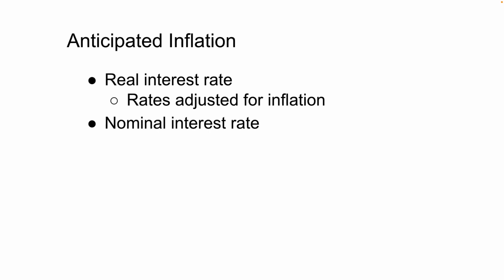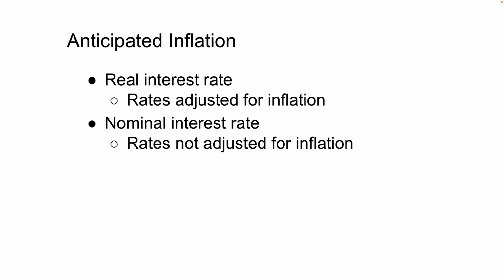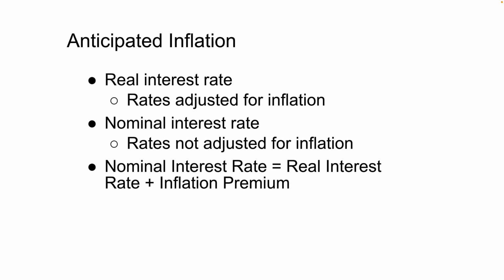And so they've got a certain interest rate, and we call it the real interest rate, that they have to earn to make it worth their while to make that loan. So what they'll do is they'll take that rate that they need to earn, that real interest rate, and they will add an inflation premium on top of that. So this is how they're going to cover themselves for inflation, so they aren't harmed by inflation.